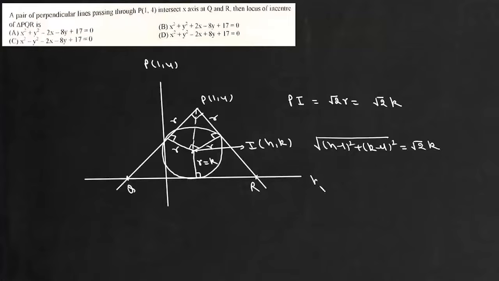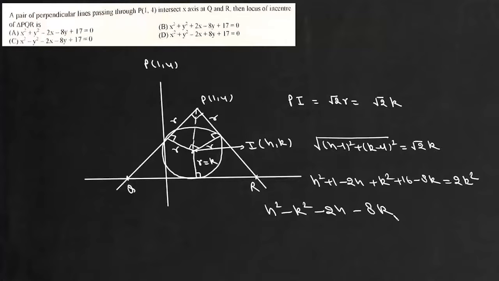And if we square it, we can write h square plus 1 minus 2h plus k square plus 16 minus 8k equals 2k square. So we can write this as h square minus k square minus 2h minus 8k plus 17 equals 0, and in the end we'll replace h with x and k with y.